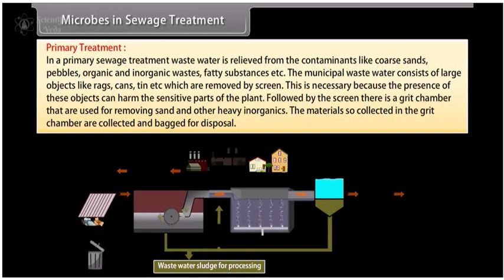This is necessary because the presence of these objects can harm the sensitive parts of the plant. Followed by the screen, there is a grit chamber used for removing sand and other heavy inorganics. The materials collected in the grit chamber are bagged for disposal.